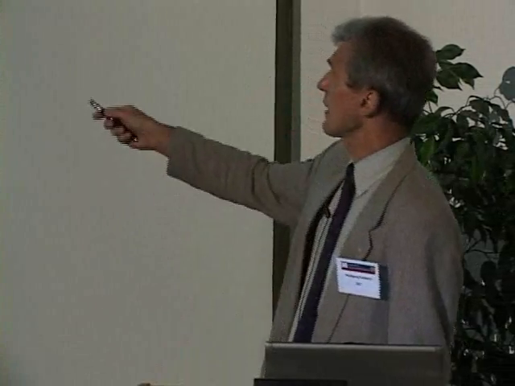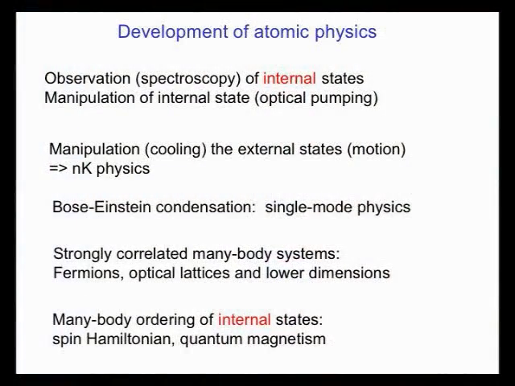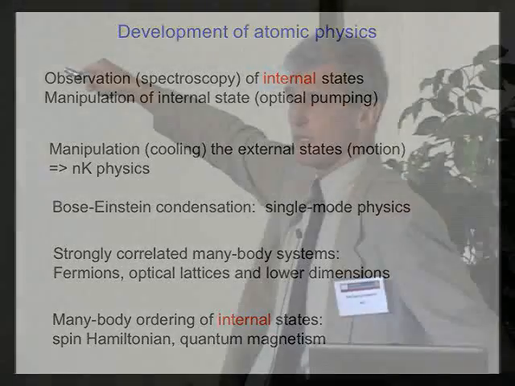So with that, I can summarize that atomic physicists started to take control of their objects, not just observing them, when they did optical pumping of internal states. Eventually, with laser cooling, evaporative cooling, and Bose-Einstein condensation, we were really taking quantum control, not of the internal states, but of the external motion.